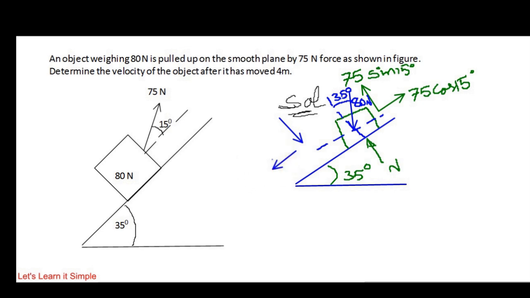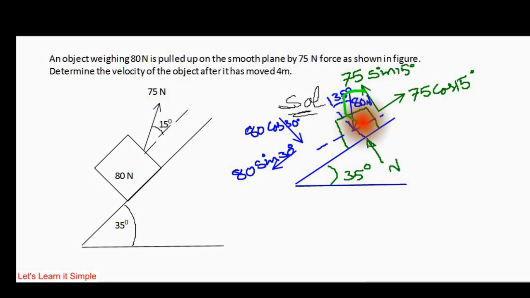Okay. So this is 80 cos 30 and this is 80 sin 30. Okay. So this is the free body diagram.